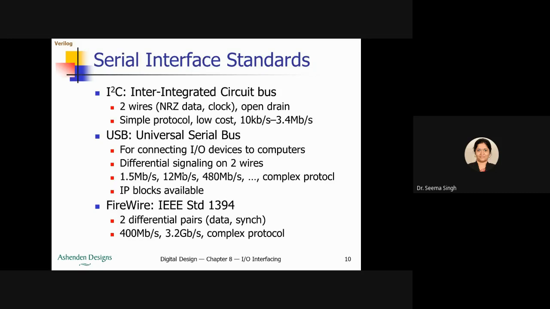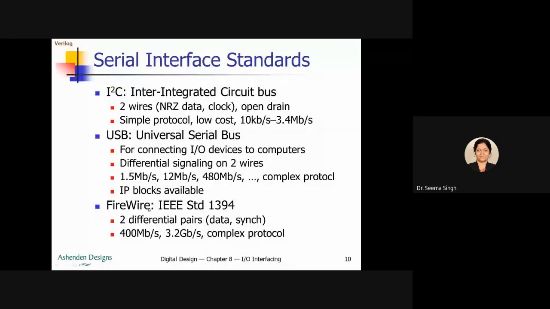The fourth and last one is FireWire. FireWire is IEEE standard 1394. It also has two differential pairs, for data and for synchronizing the data. The speed, you can see, is the highest here, 3.2 gigabits per second, and it has a very complex protocol.